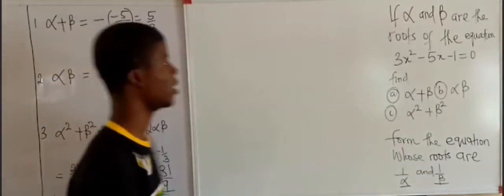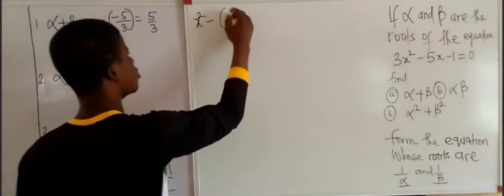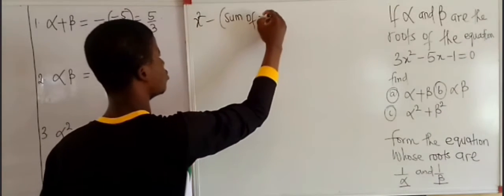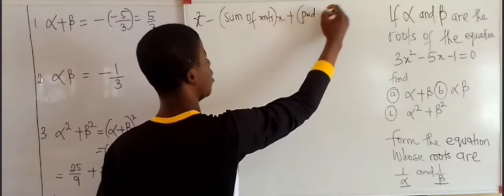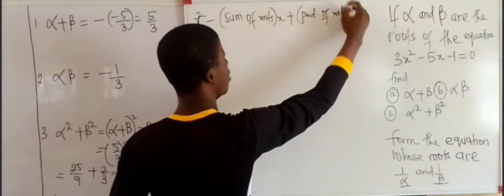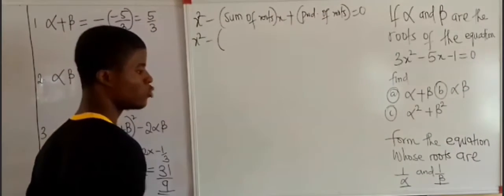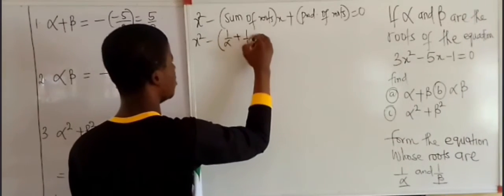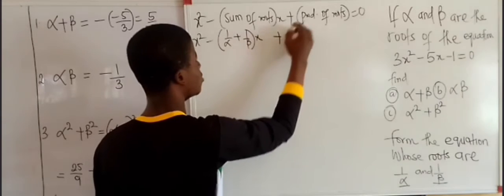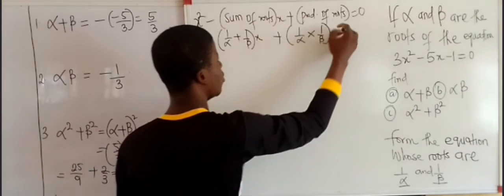Remaining the last one, which asks us to form the equation whose roots are 1 over alpha and 1 over beta. So a quadratic equation can be written as x squared minus sum of roots times x plus the product of roots equal to 0. So this is x squared minus the sum of roots, which will be 1 over alpha plus 1 over beta, times x plus the product of roots, which will be 1 over alpha times 1 over beta, equal to 0.